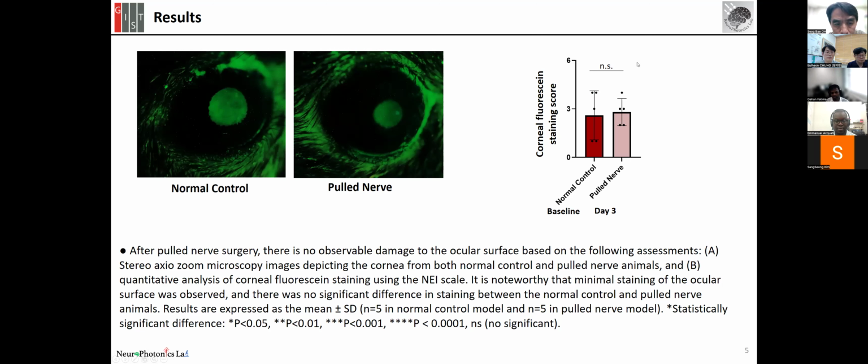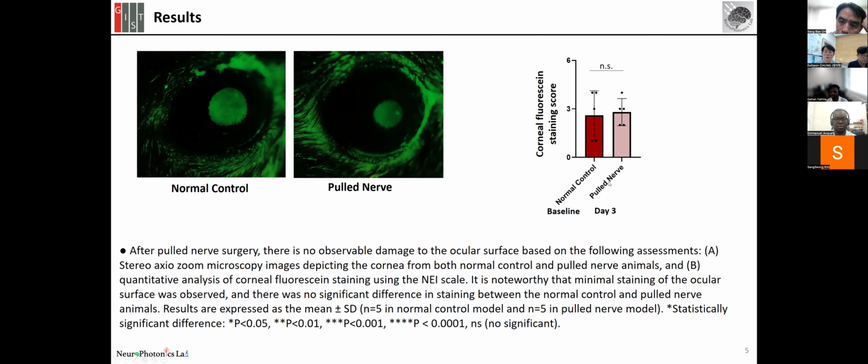When I checked between the control model and the Pulner model, I found there is no significant difference between both these models. That means there is no epithelial damage after making this model, which is significant for my model.